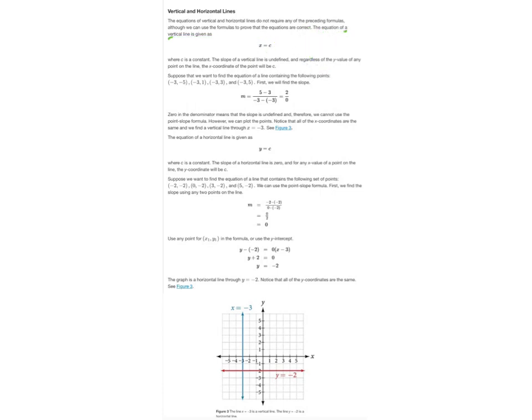And then if we look further down in the text, it says the equation of a horizontal line, so this we want to write down. The equation of a horizontal line is given as y equals c.